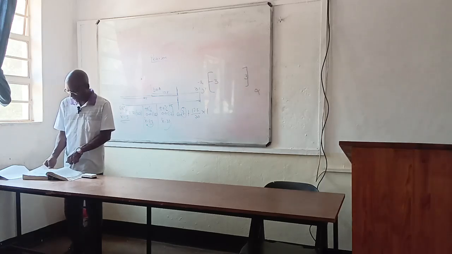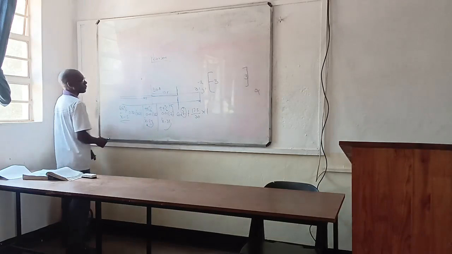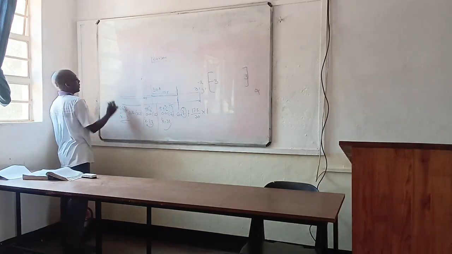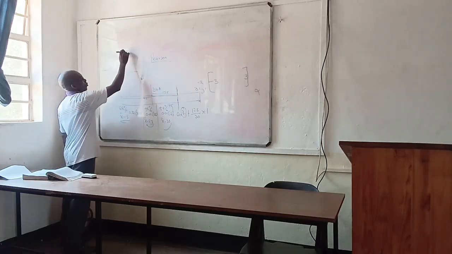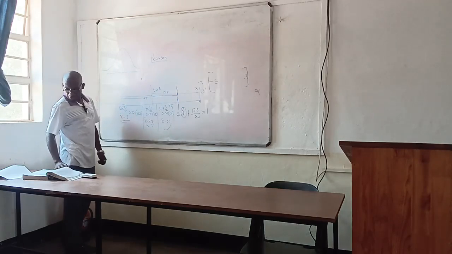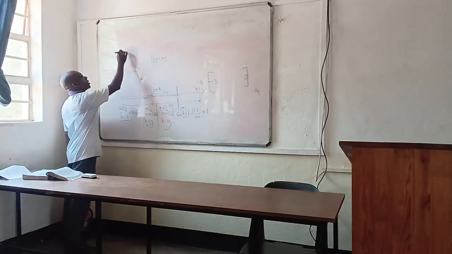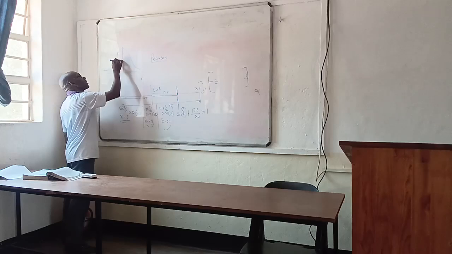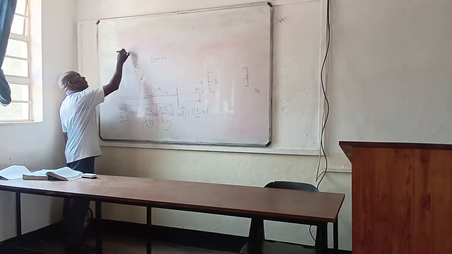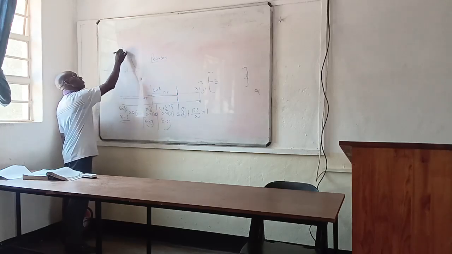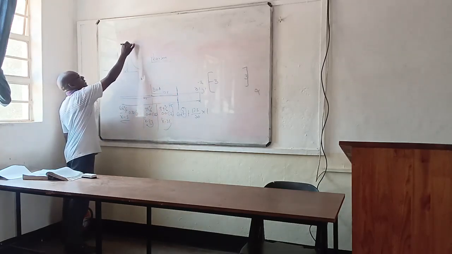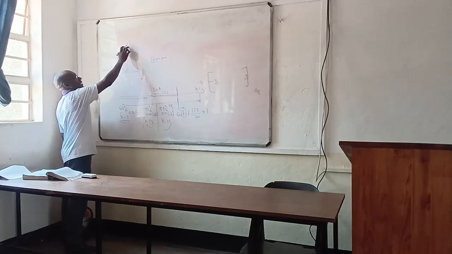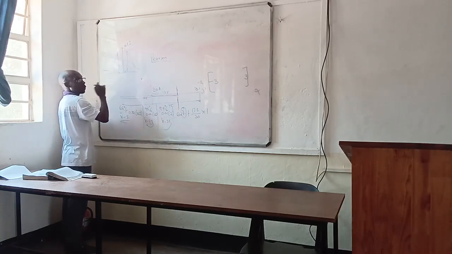But the issue is something like this. If you look at the first one, it's something like 68. Normal is here. This is 68%. 68% from 100 is 32.